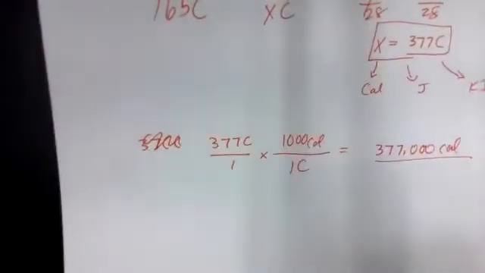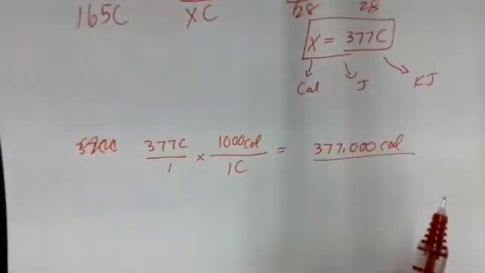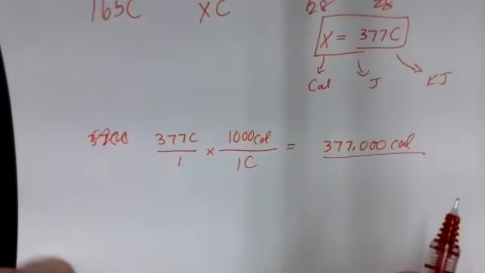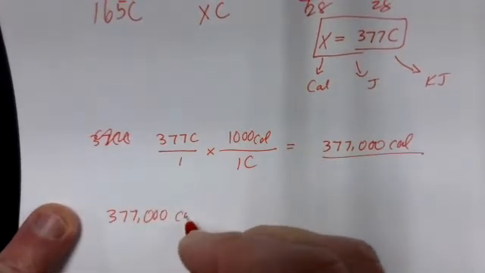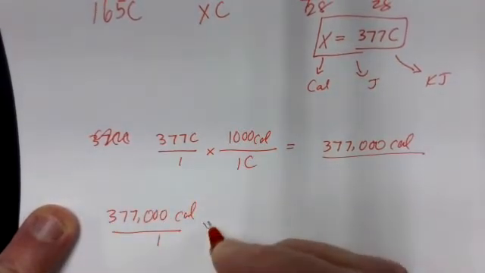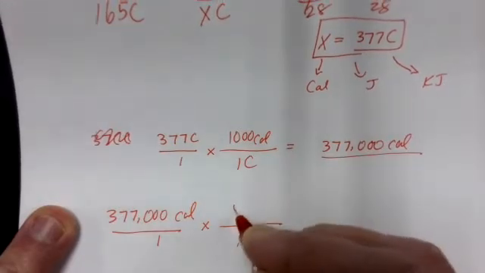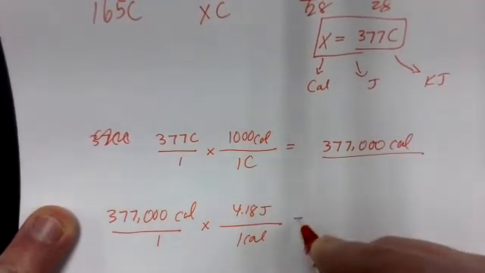We'll move this so you can see it better. Oops. I don't know my left from my right with this camera. Then we're going to take 377,000 cals over 1. And remember that 1 cal is 4.18 joules.